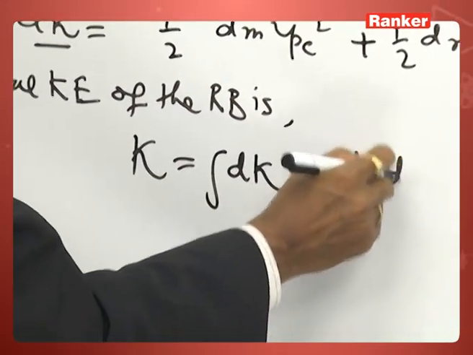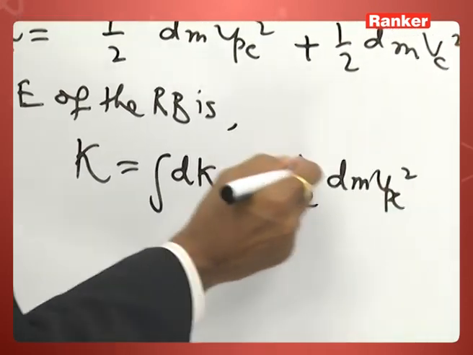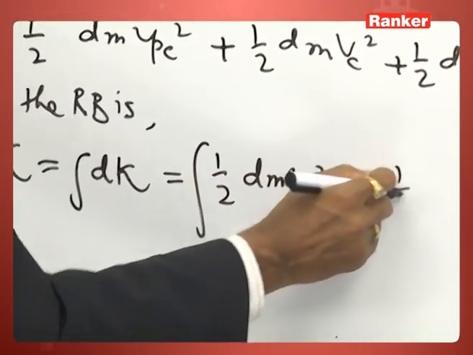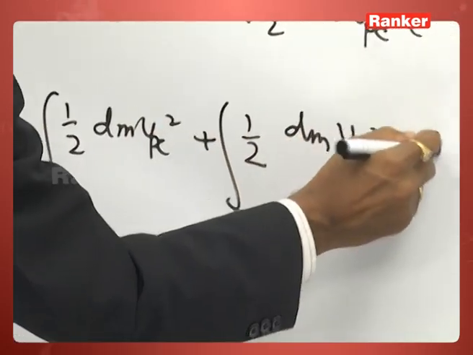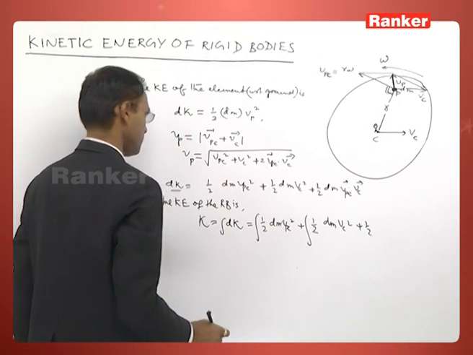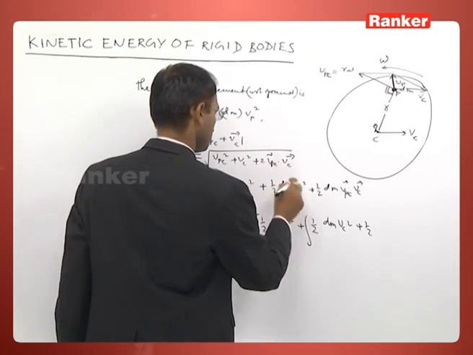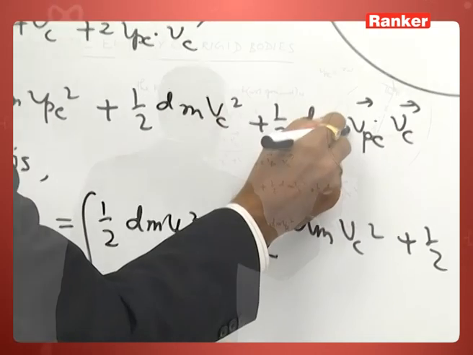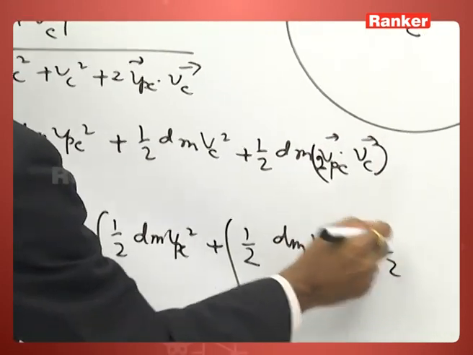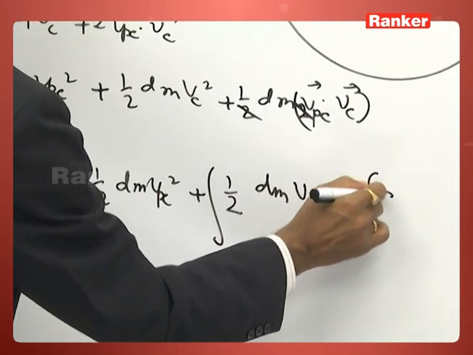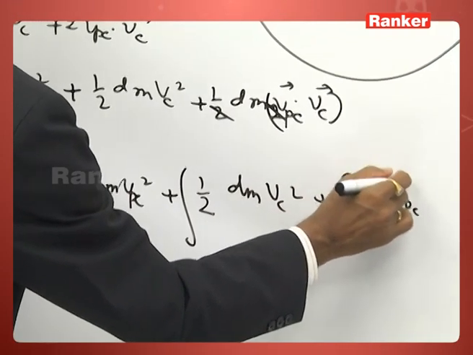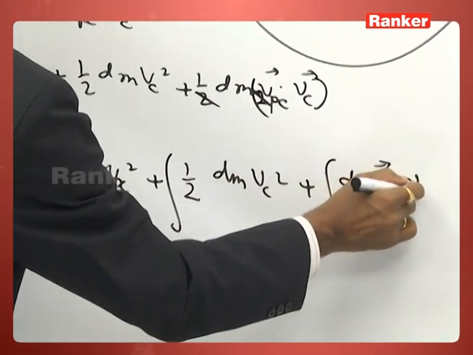So, integral of half dm Vpc square, plus integral of half dm Vc square, plus, the 2 and the half getting cancelled, integral of dm Vpc dot Vc.